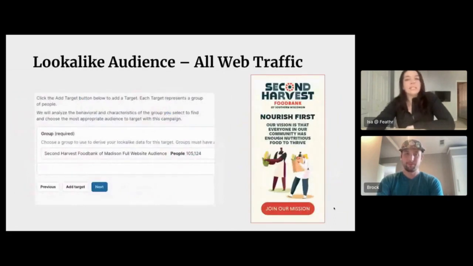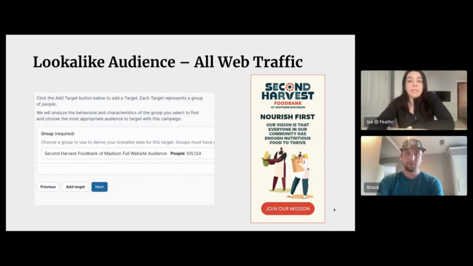And remember that lookalike audiences have online behavior that resembles some segment of your current audience. So in this campaign, the food bank decided to include all of their website visitors as the seed group.